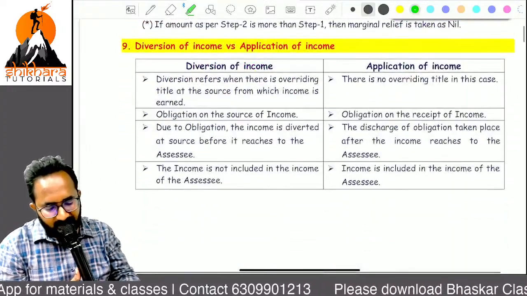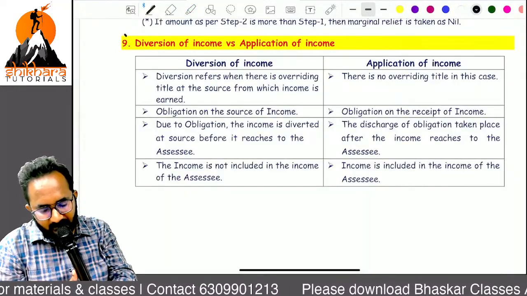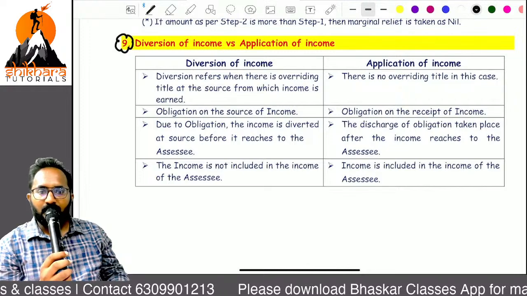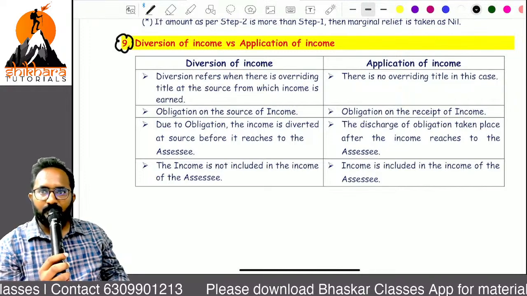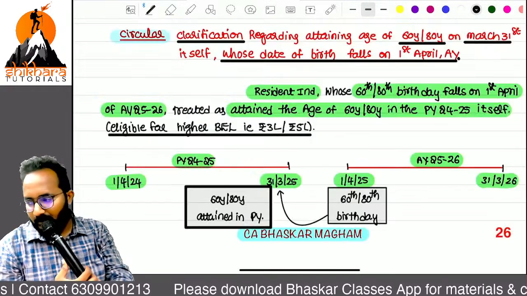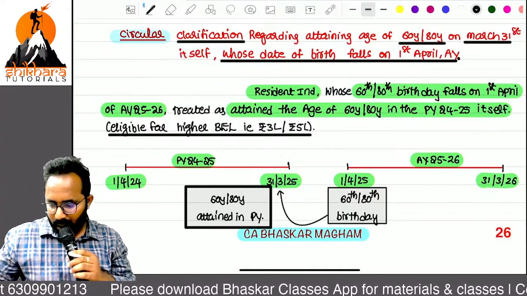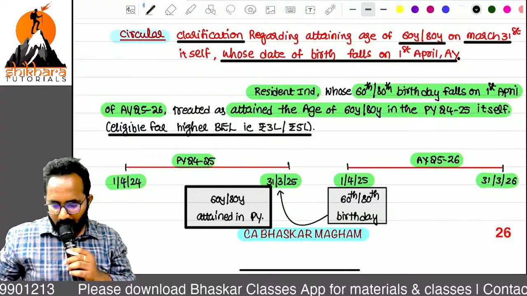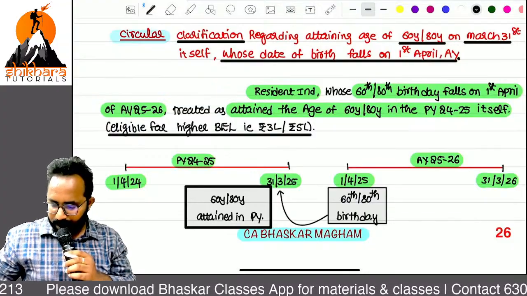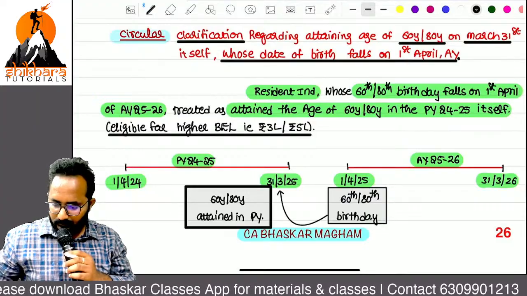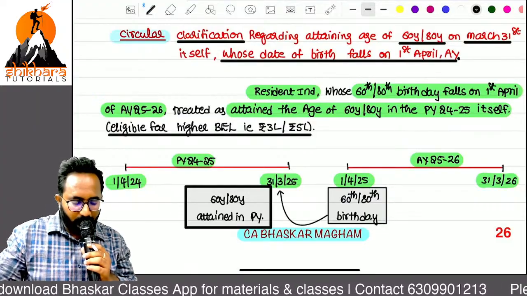Now, our next concept to discuss is diversion of income and application of income. Shall we start? Yes. You can open your handwritten notes.